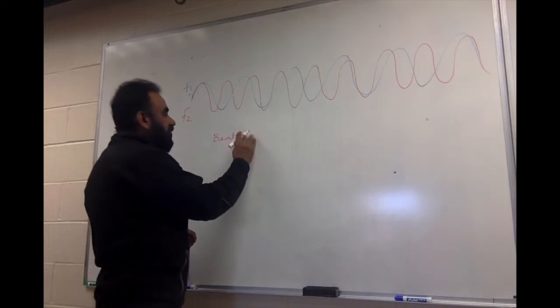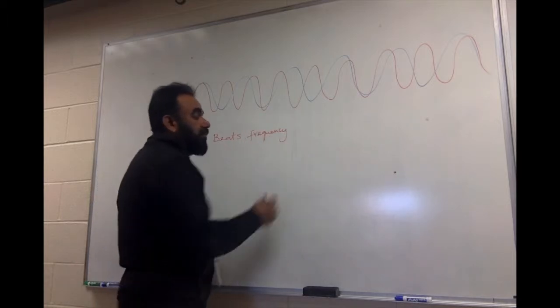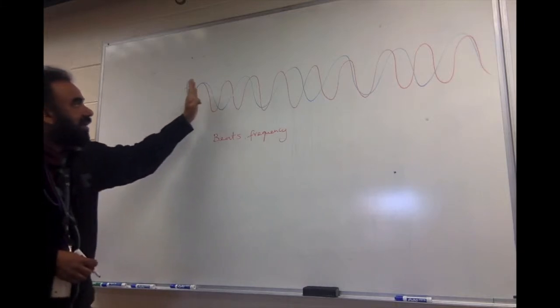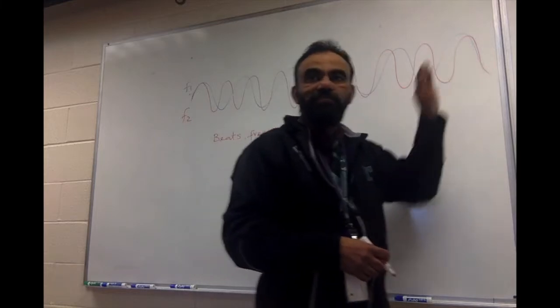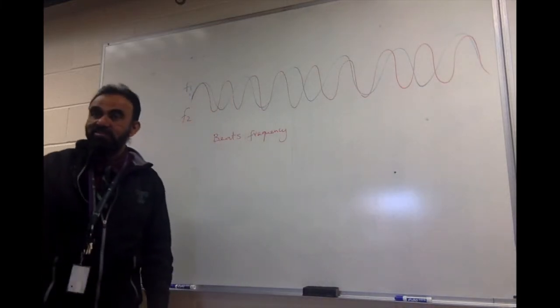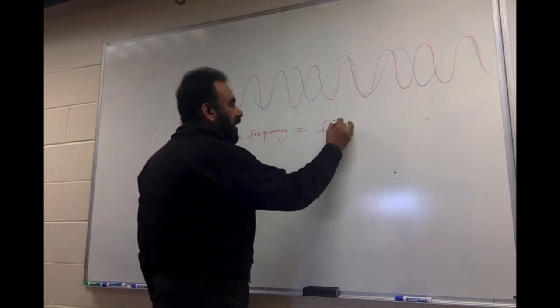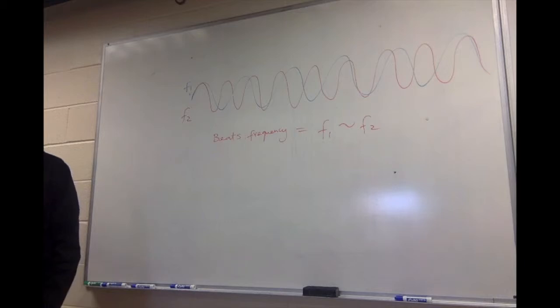And how much is a beat frequency? Beat frequency means not F1 nor F2. It is at what rate are these constructives coming to your ears? That's called beat frequency, and that is the difference between F1 and F2.